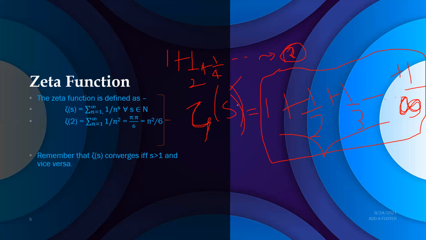But that's not true for the expression 1 plus 1 by 2 plus 1 by 3, which goes on to infinity.